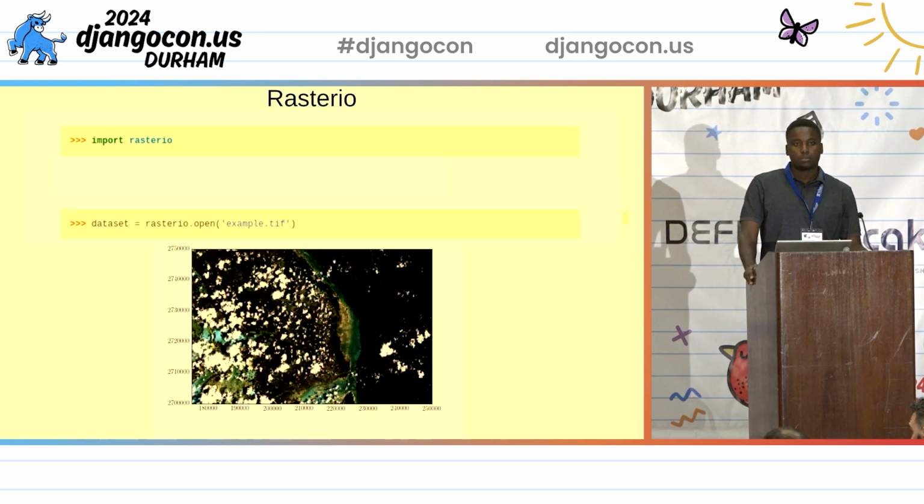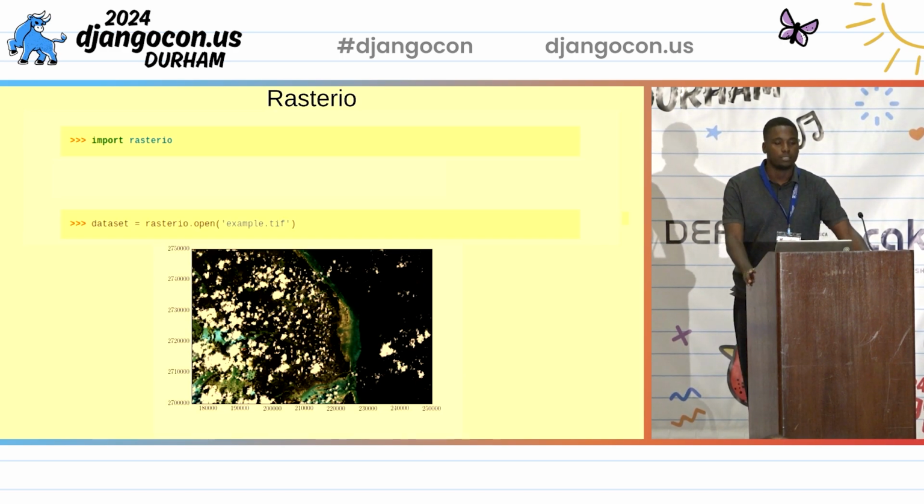So rasterio. Rasterio is a Python package that is used to read and write geospatial raster data. The main purpose of rasterio is for interacting with, accessing, writing, and updating raster data.